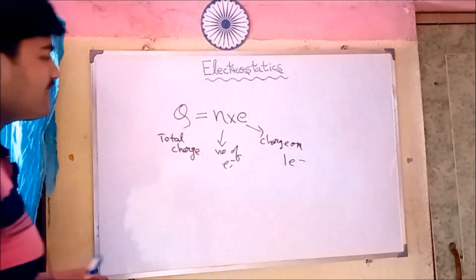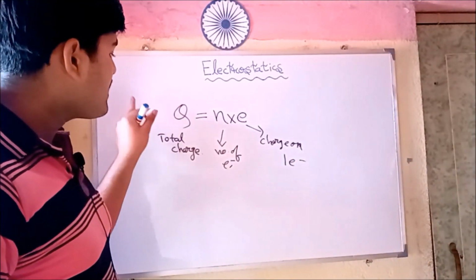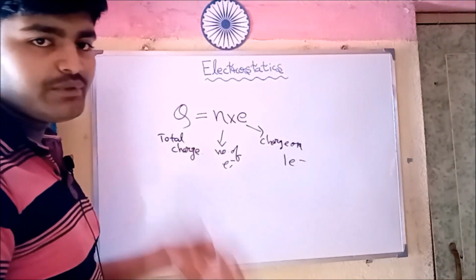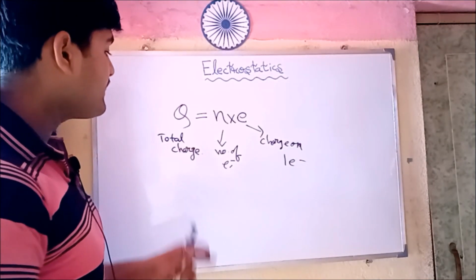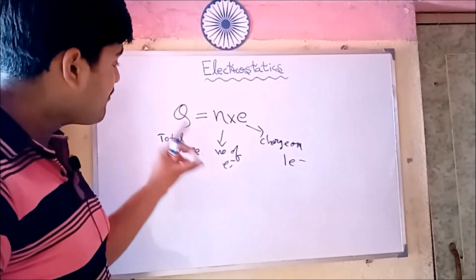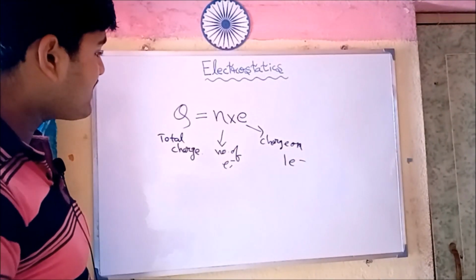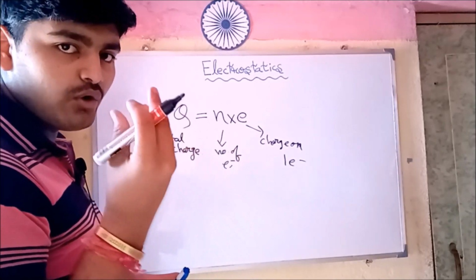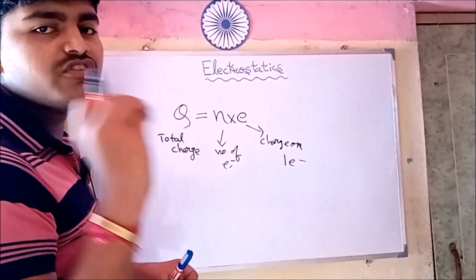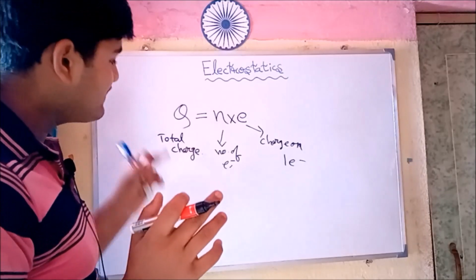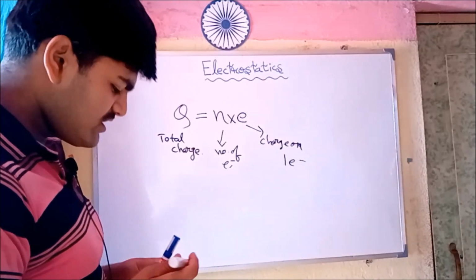So, the charge which we see in our day-to-day life equals the number of electrons flowing through that particular object multiplied by the charge of a single electron. Means the single electronic charge is the very elementary unit of the entire charge. This is termed as quantization of charge.